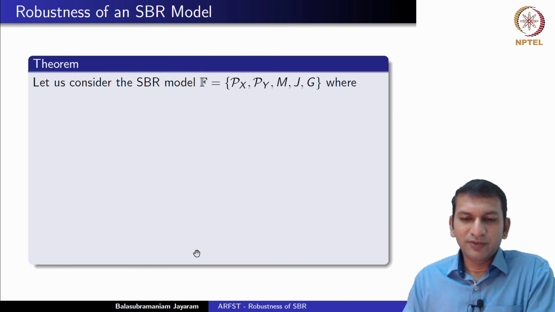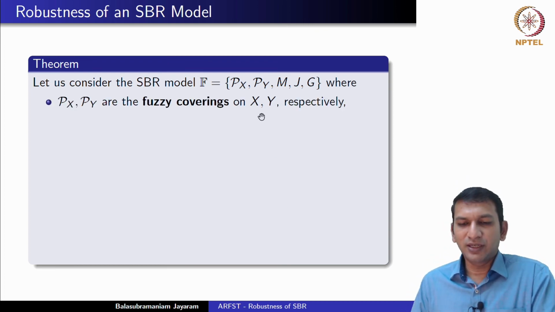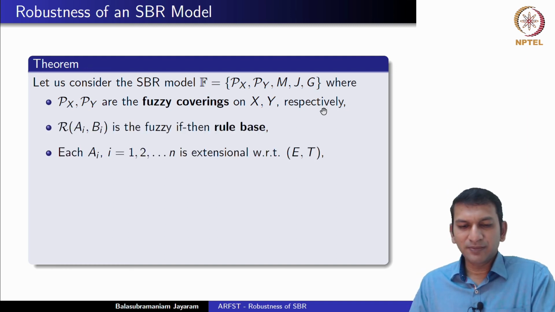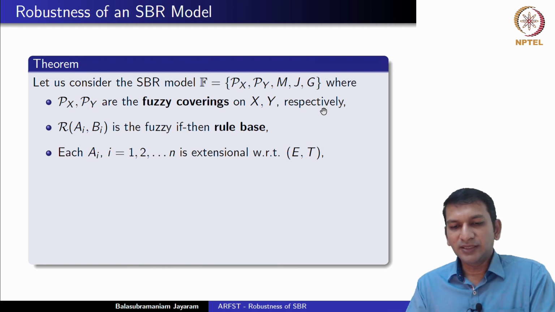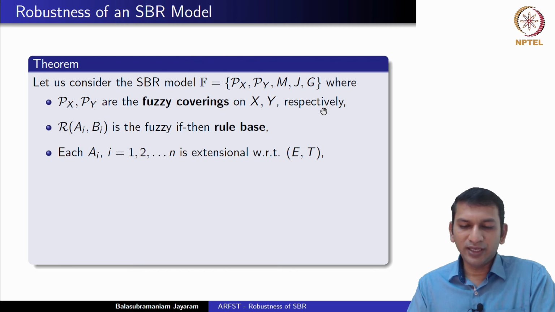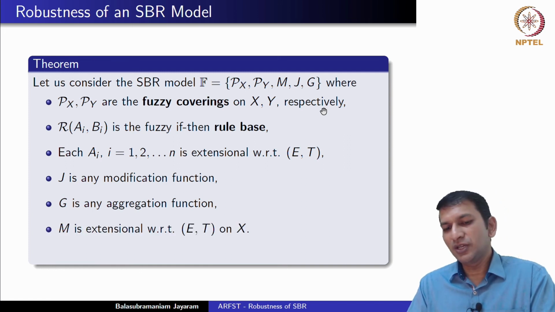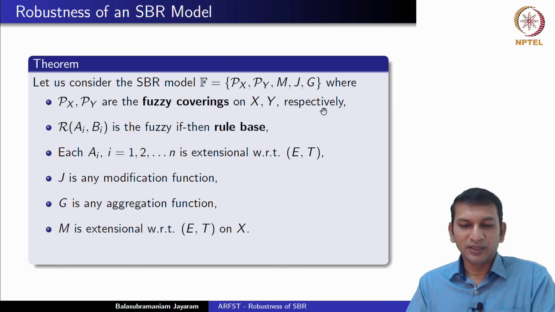Let us consider this model where we have Px and Py, which are essentially the fuzzy coverings on X comma Y. We have the given fuzzy if-then rule base, and each of the AIs is in fact extensional with respect to a given T equivalence relation E. Let J be any modification function, G be any aggregation function, but what we want is M is extensional with respect to ET on X. So if AI is extensional, then we want that M of AI comma A dash should be equal to M of AI comma A dash cap.